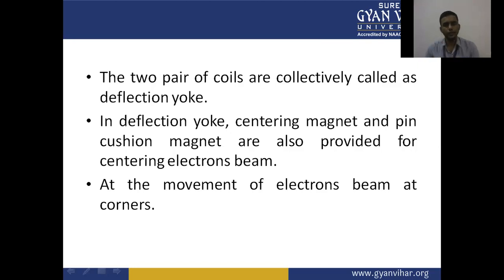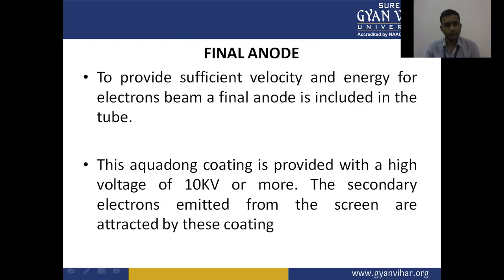So the deflection yoke and the magnets are both used for focusing the electron beam onto the screen, even at the movement of the electron beams at the corners. Final anode: to provide sufficient velocity and energy for the electron beam, a final anode is included in the tube.